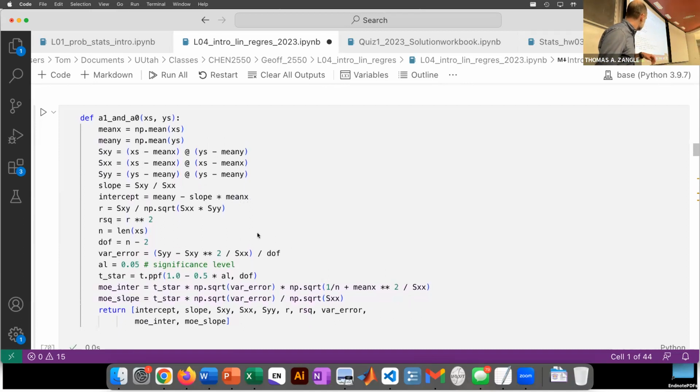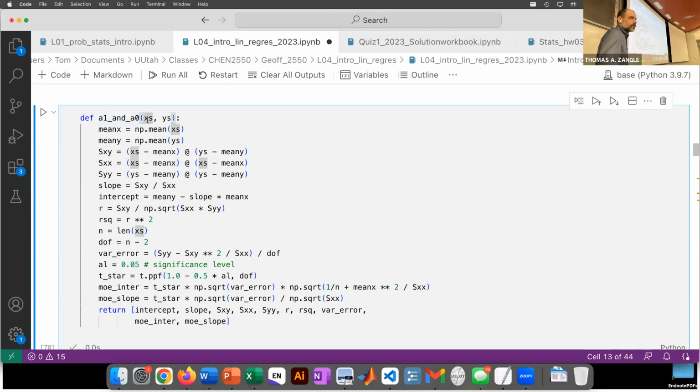This function, defined in Python, computes those different statistics that we described analytically just above. You'll see that we're taking in some set of values x and some set of values y, which would be our measurements.